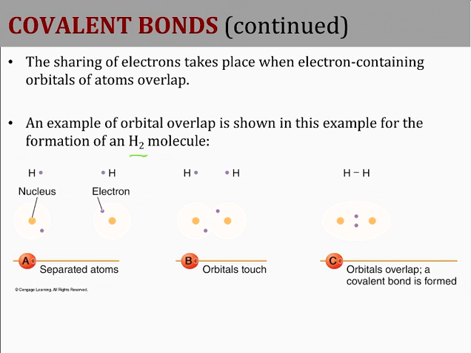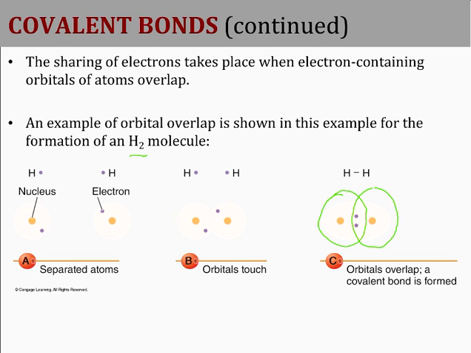So you'll notice that now in this molecule, we have two electrons that belong to the hydrogen on the left, and then two electrons that belong to the hydrogen on the right. And remember that every atom is trying to become like a noble gas.